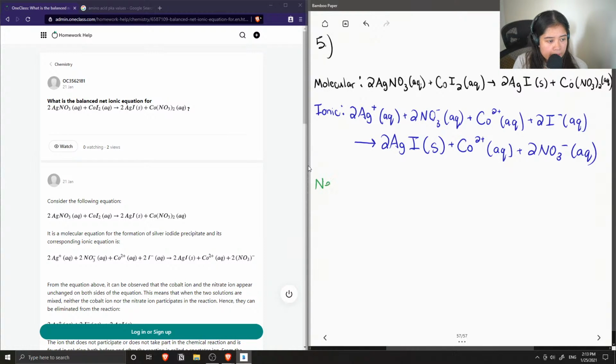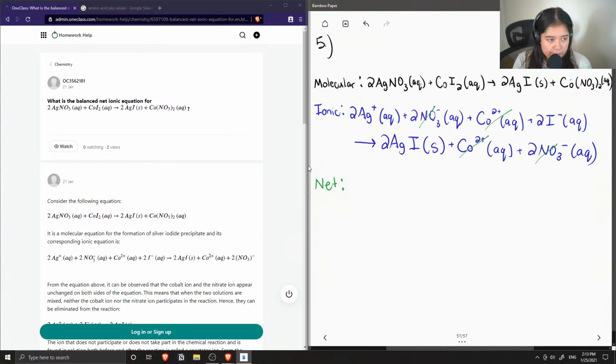And now when we want to find the net ionic equation, we need to cross out all of the spectator ions. Spectator ions appear the same on both the reactant side and the product side. If we look at our example, we have 2 nitrate that appears on both sides, and we also have the cobalt ion that appears on both sides as well.